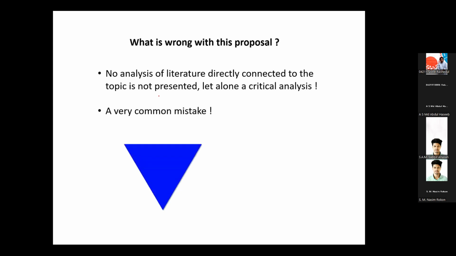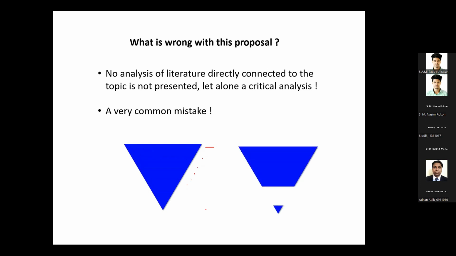So graphically speaking, a good abstract, a good introduction will have a very smooth flow. You have an inverted triangle from general to specific to more specific and so on. But if you characterize this paper, it will look like this. It gives you some good information about the general topics.